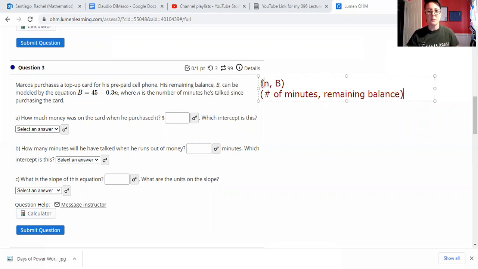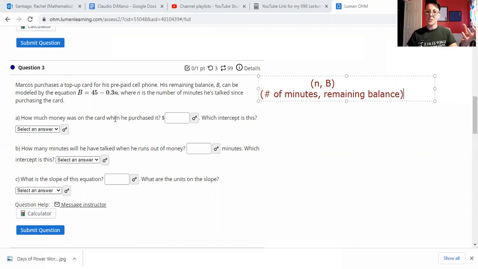So this is definitely something that I want you to get into the habit of doing, identifying what are those variables, how do they work together, because it's not X and Y this time, it's N input, B output, independent variable, dependent variable. The remaining balance depends on the number of minutes that Marcos has talked on using this prepaid cell phone. Okay, so the first question is how much money was on the card when he purchased it?